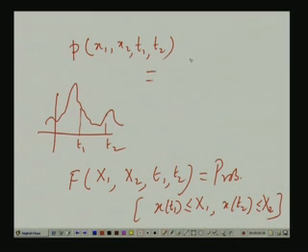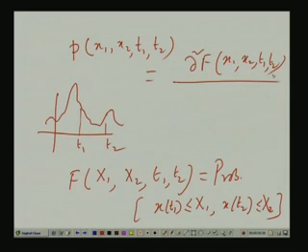This is nothing but the double differentiation, del square of F(x1, x2, t1, t2). Remember t1, t2 are not changing, they are fixed, but they are just present everywhere.